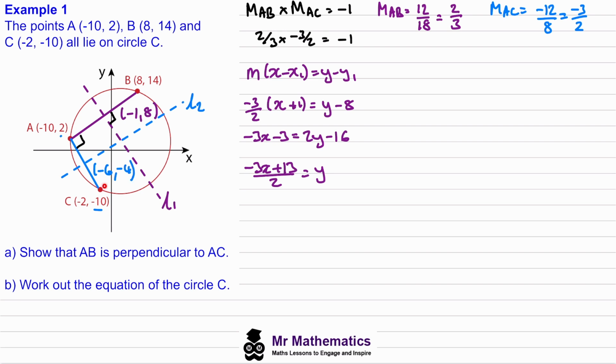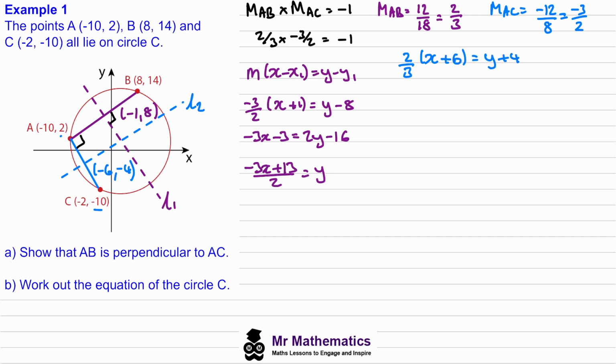So we'll substitute these coordinates, and the gradient of line L2. We know the gradient of line L2 will be the negative reciprocal of this chord. This will be 2/3 multiplied by x plus 6 will equal y plus 4.